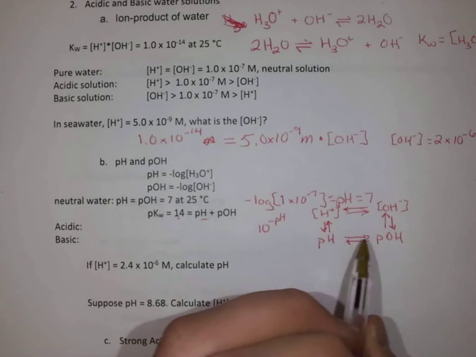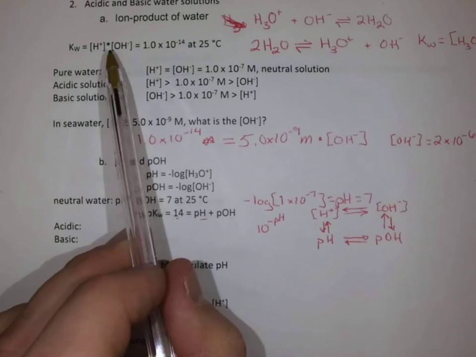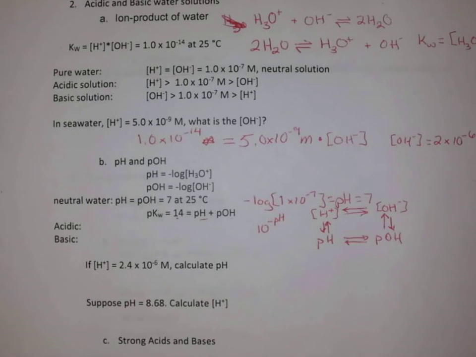If we're going from pH to pOH, we've got 14 equals pH plus pOH, and then we have the relationship up here, right? That is all coming from our Kw, the equilibrium expression. Okay? Whew! All right.